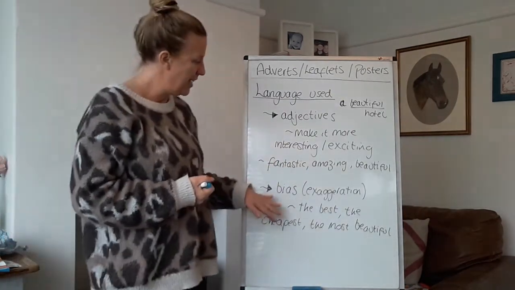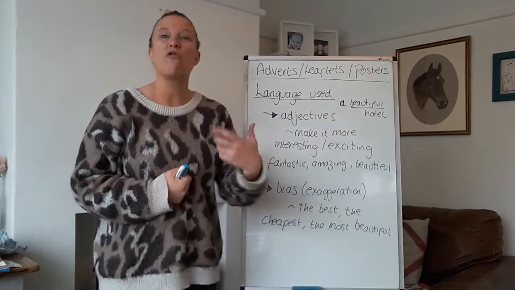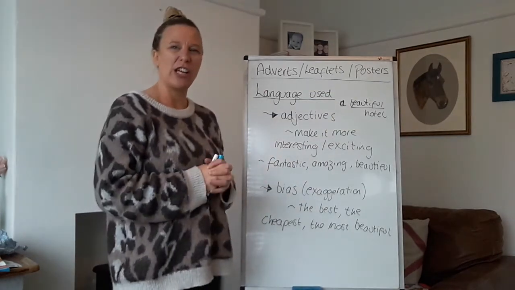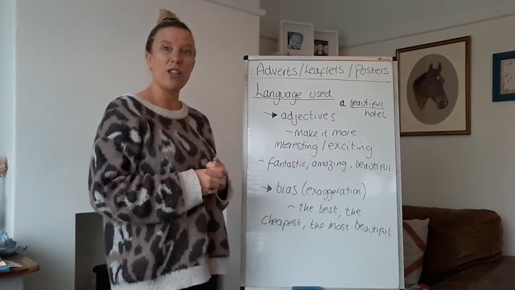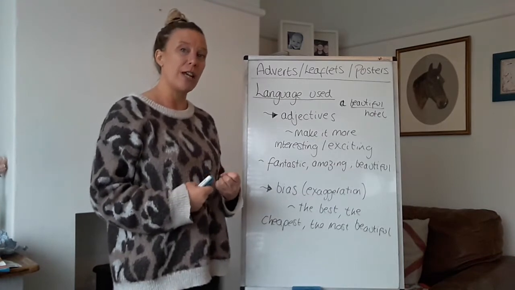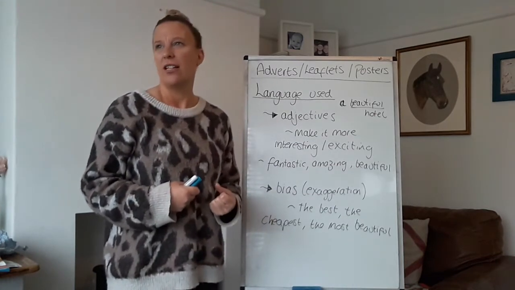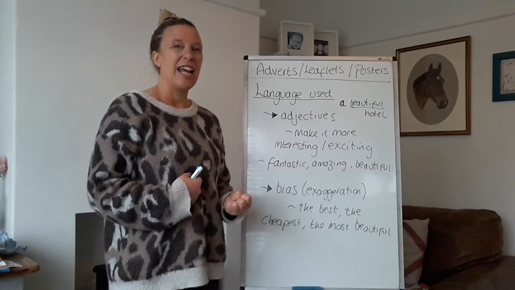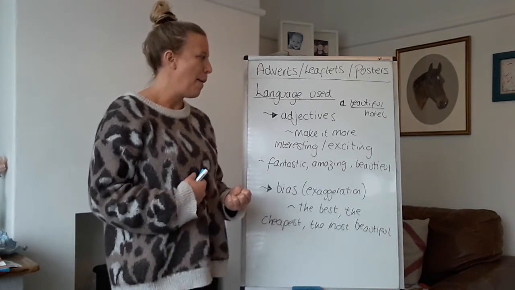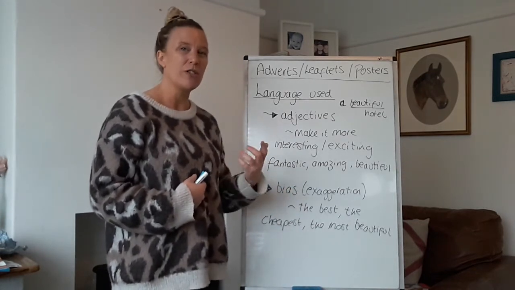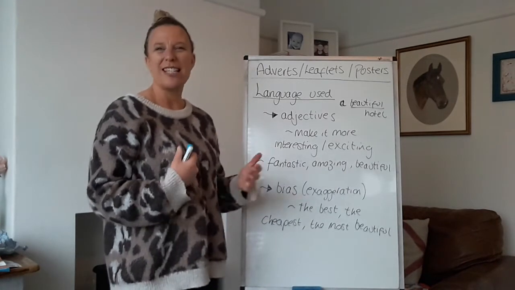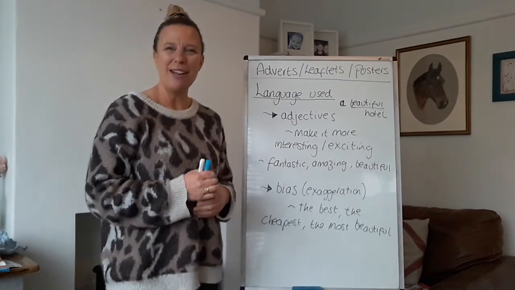So again, they go before, they're describing that noun, okay? They're telling you why it's so good. So the language you're using when you write a leaflet or an advert should be exciting. It should be maybe slightly biased, use some exaggeration, and we should see some adjectives in there, okay?